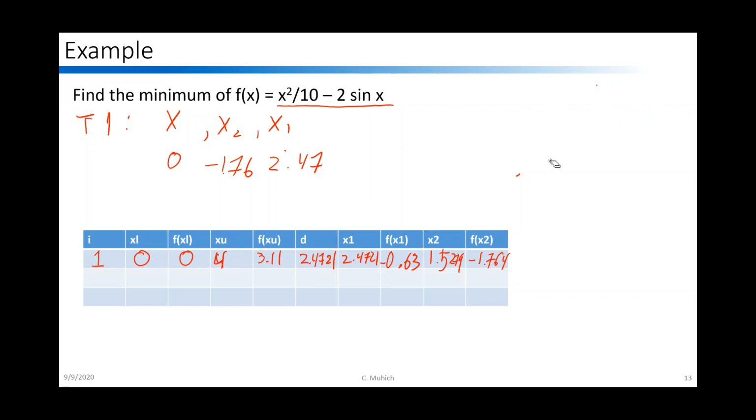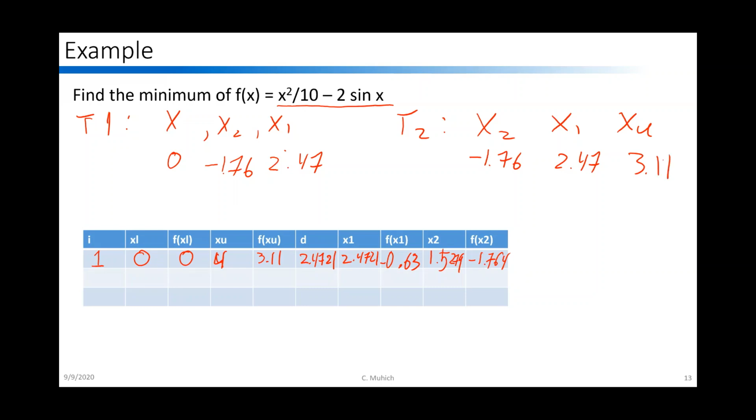And we can look at our second triplet set, T2, which is x2, x1, x upper. Once again, this is negative 1.76, 2.47, and then finally for f of x upper, that's 3.11.